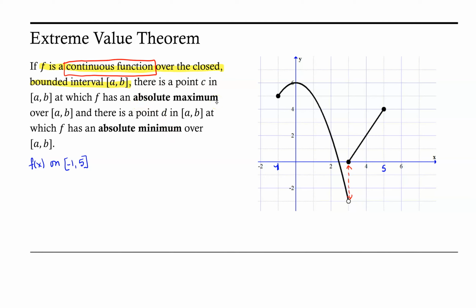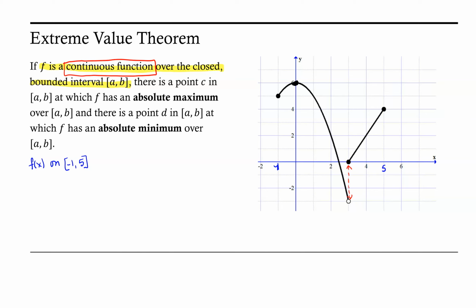So in terms of an absolute maximum, again, we're looking for the largest output value or the largest y value. And as I look at the graph of this function, I notice that that is occurring here at 6. So the point at which we have our absolute maximum, we do have one, occurs right there.